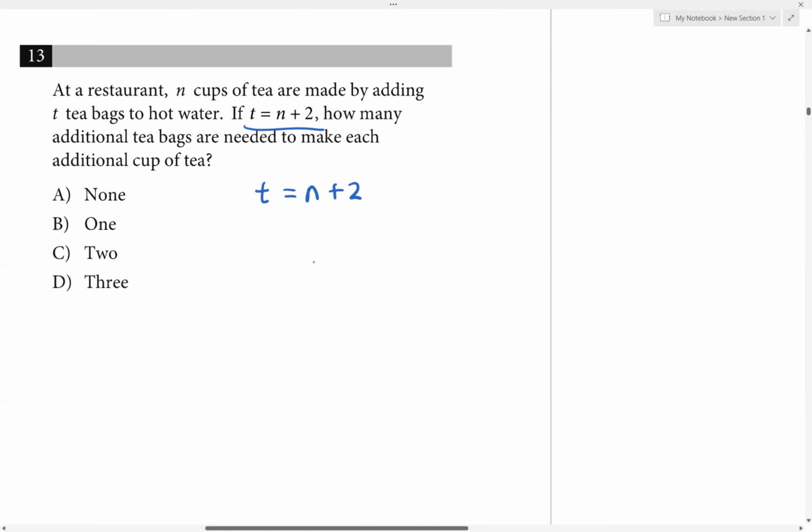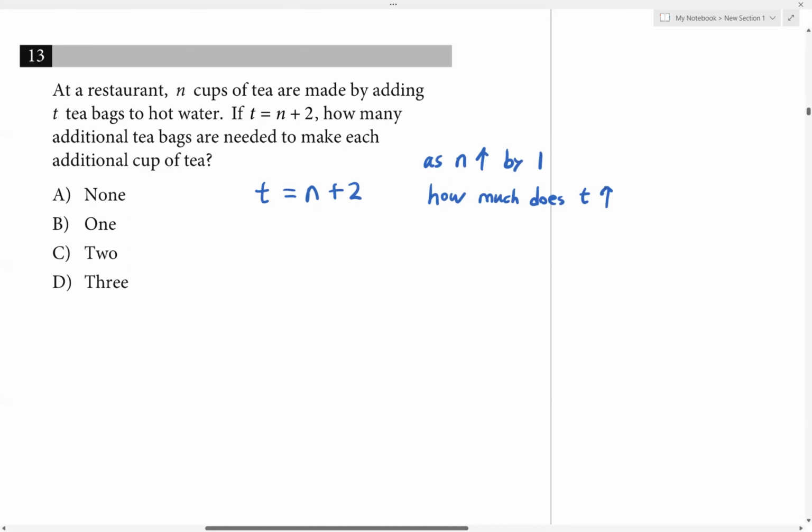Right, so that's what they're trying to say. Algebraically speaking, that's what they're looking for. So as n increases by 1, how much does the t value increase?